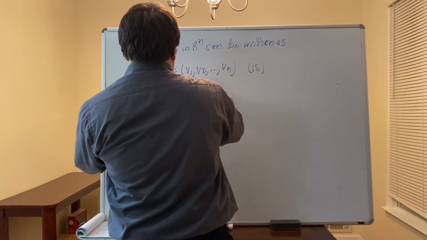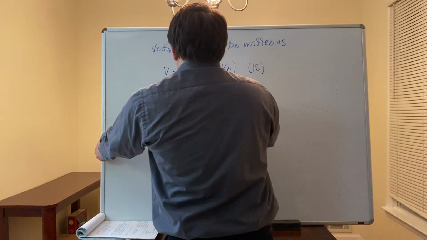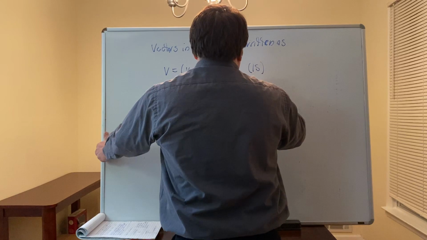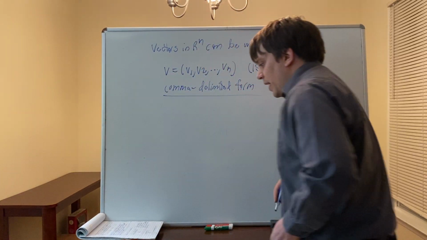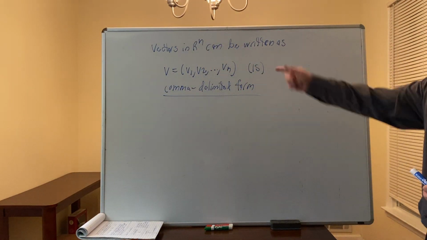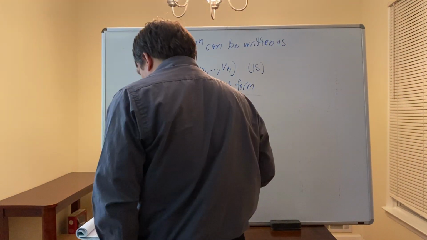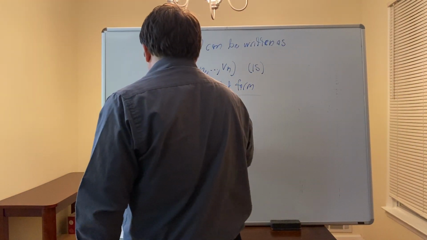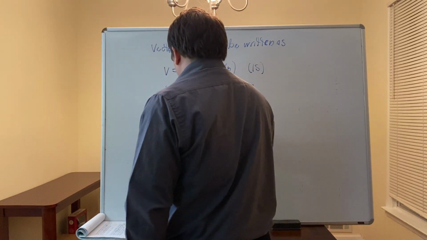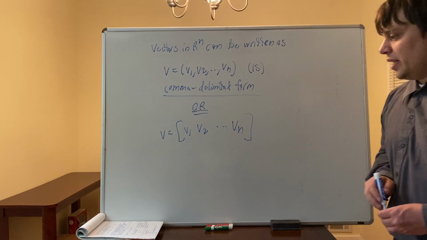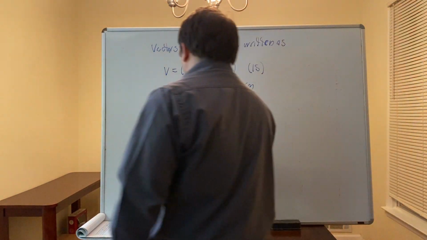This is called comma delimited form. This is one way to write a vector, or you can take that same vector and write it using a matrix, as a row vector v1, v2, dot dot dot, vn, in row vector form.